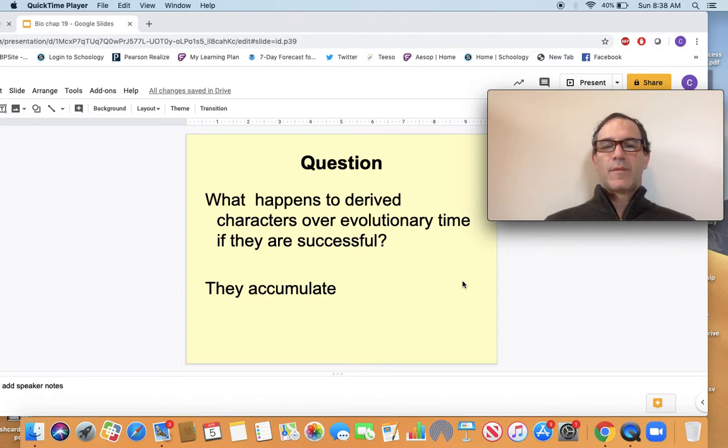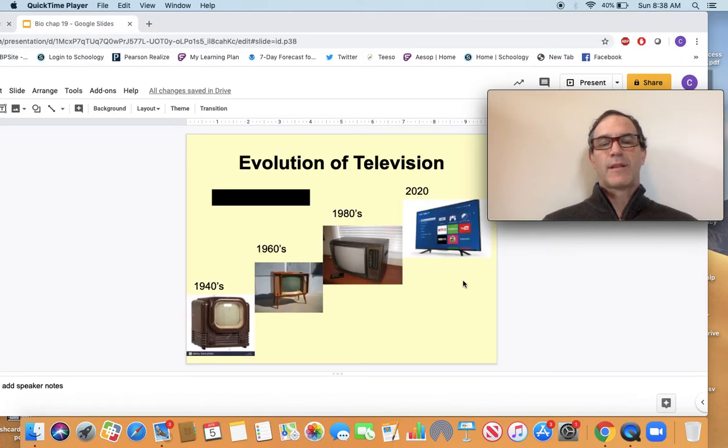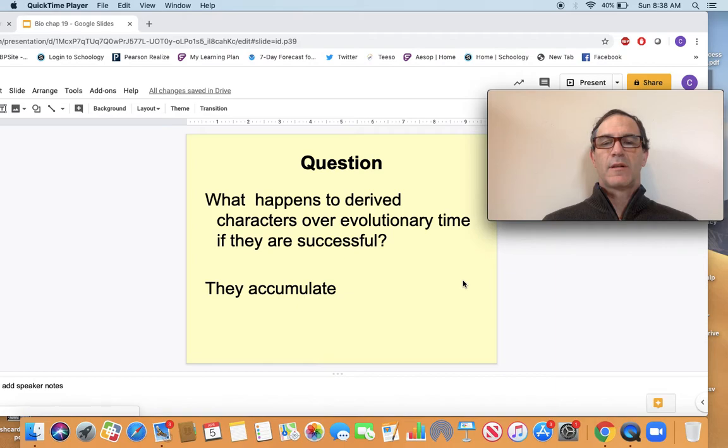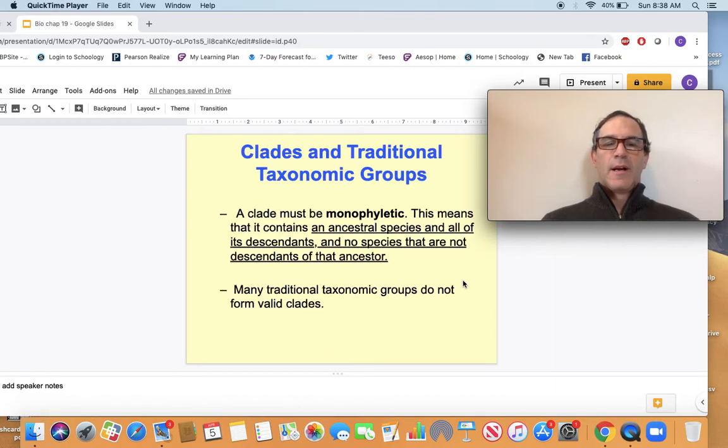So that kind of answers our question here. What happens to derived characters over evolutionary time if they're successful? They tend to accumulate. And those that have the most have, I guess, evolved the longest, perhaps, or are basically the newer organisms on an evolutionary time scale.